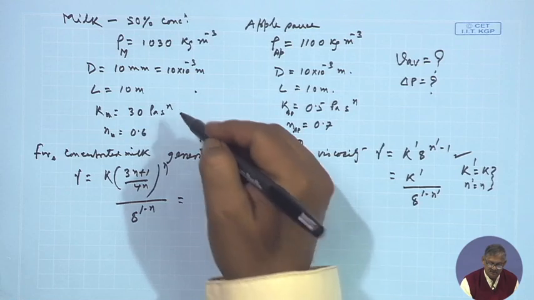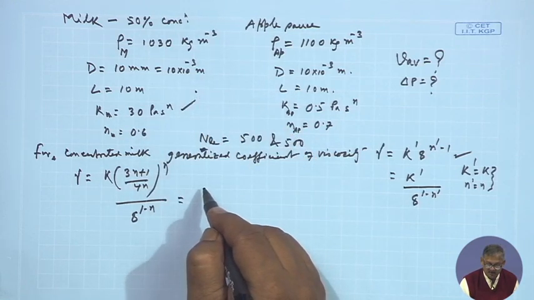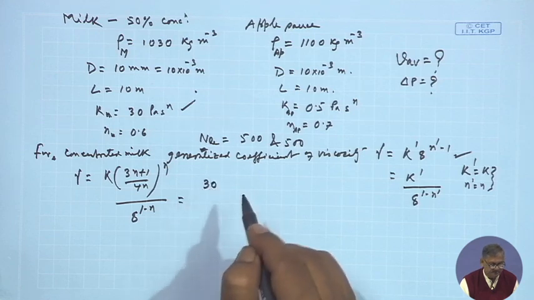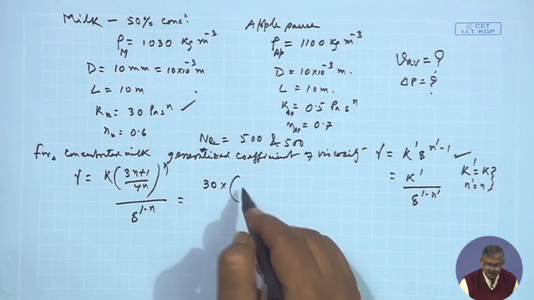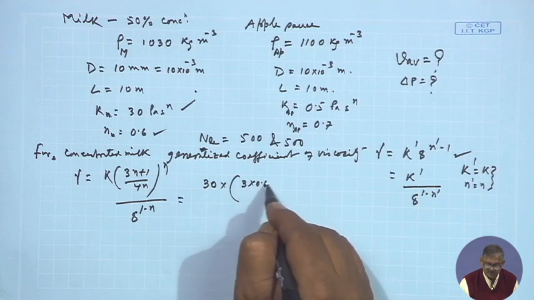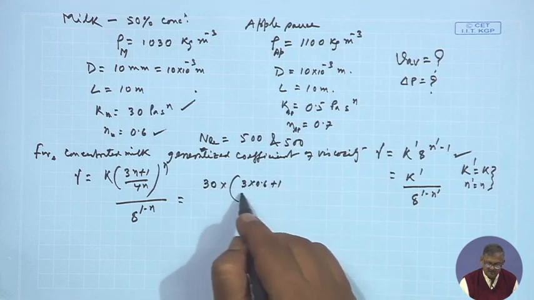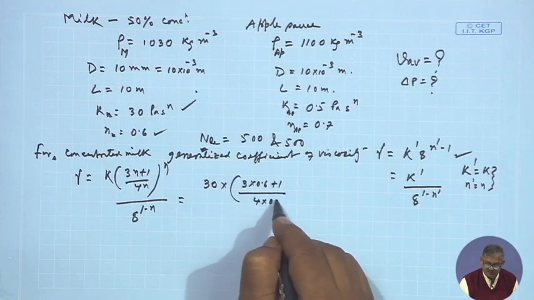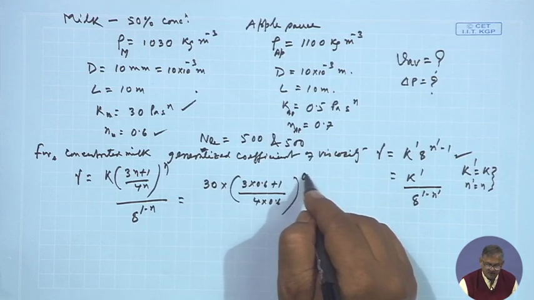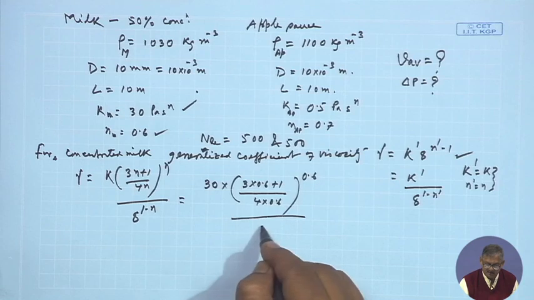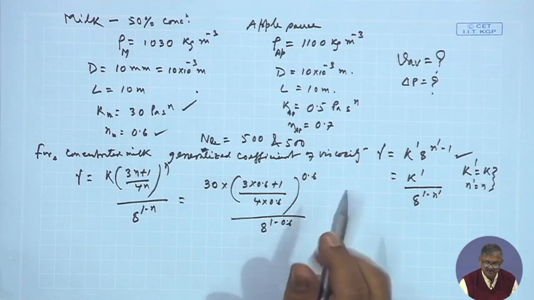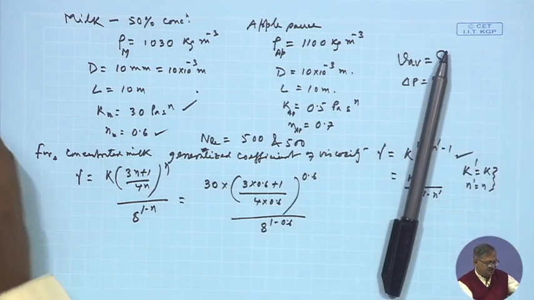Now, given K for concentrated milk is 30, into 3n plus 1, where n is given as 0.6, so 3 into 0.6 plus 1, divided by 4n, 4 into 0.6, this to the power n, that is 0.6, divided by 8 to the power 1 minus 0.6. So, now let us see how much it comes.